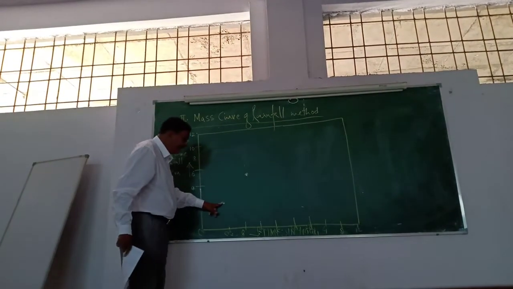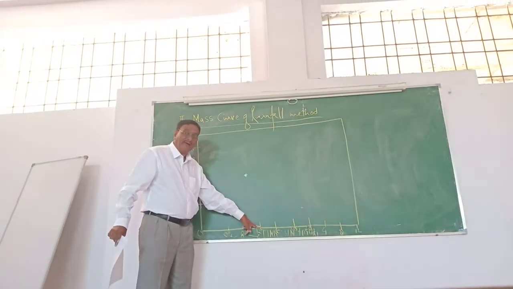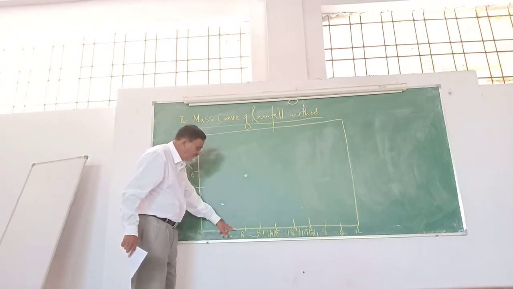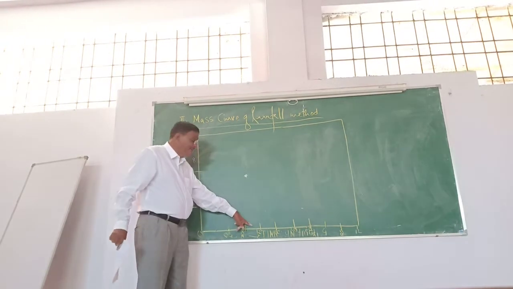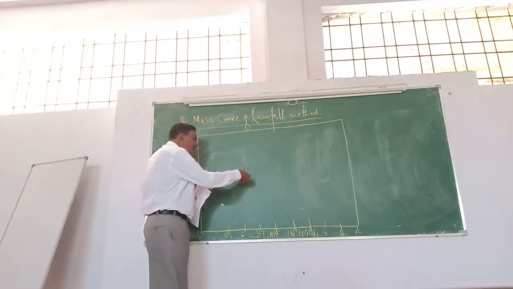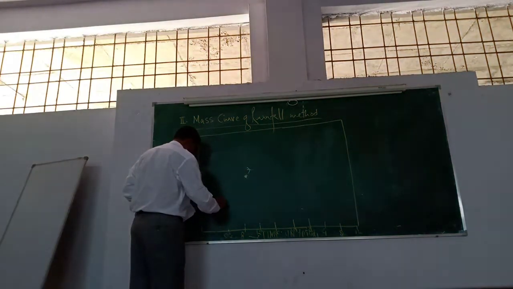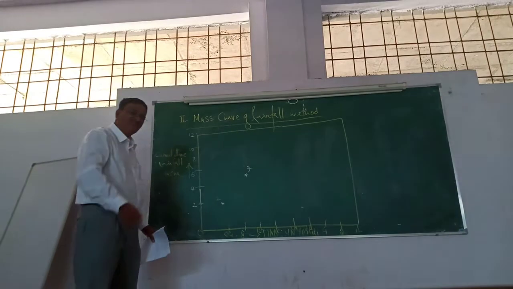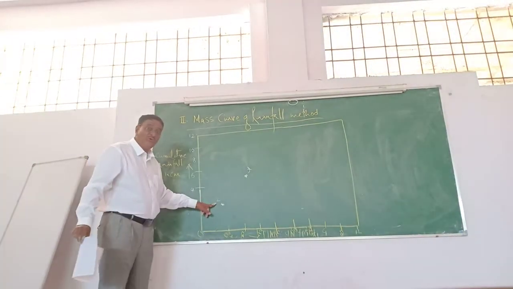Then at 12 o'clock, after how many hours? First 4 hours, next 8 hours, the rainfall that occurred was 7 centimeters. Then what should the cumulative rate be?